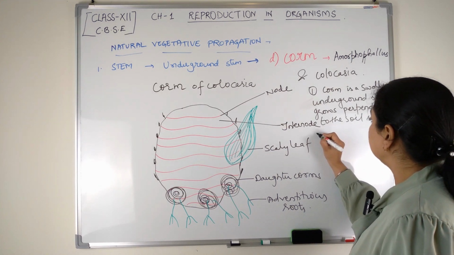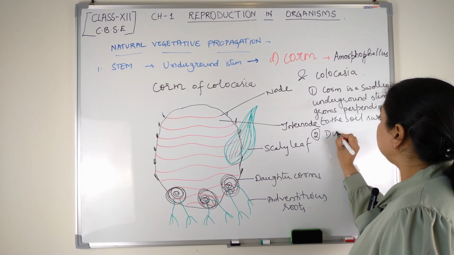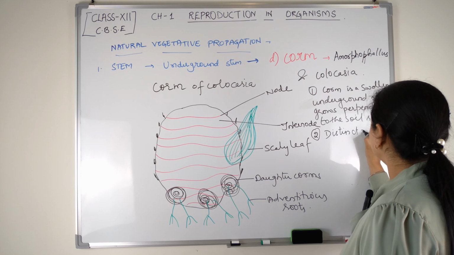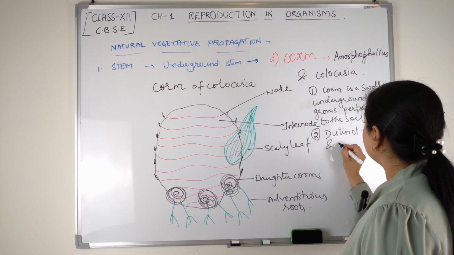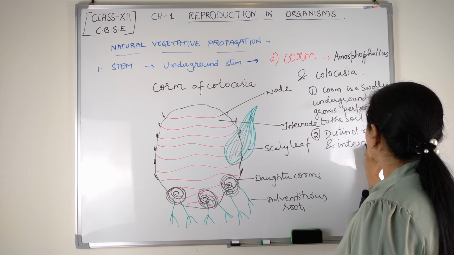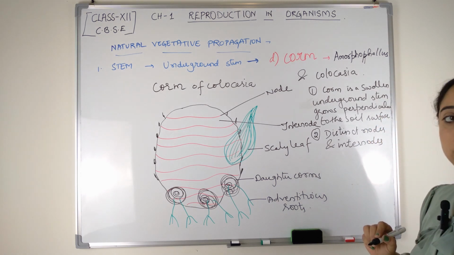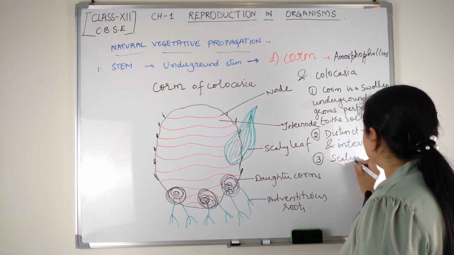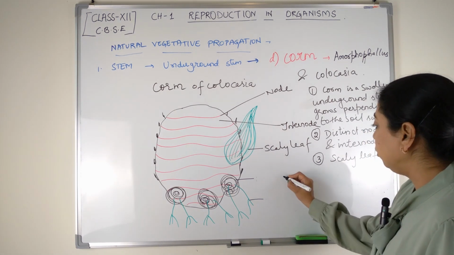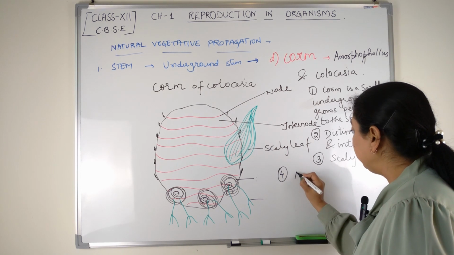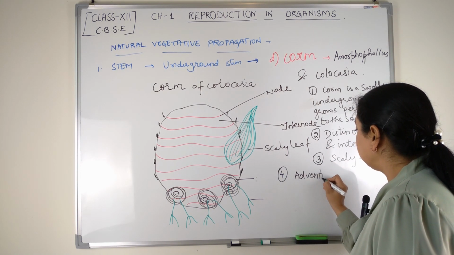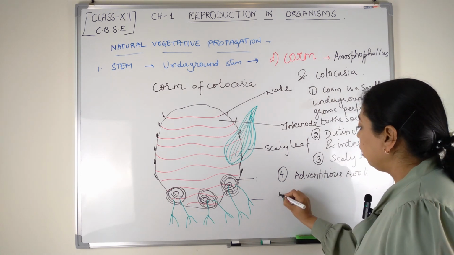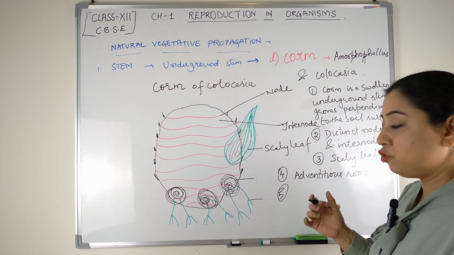Then next, there are present distinct nodes and internodes. There are present scaly leaf. They also have adventitious roots. And each of the node, what does it comprise of?